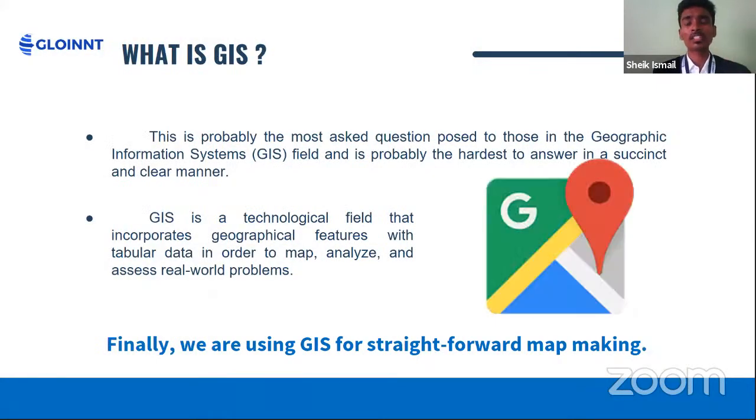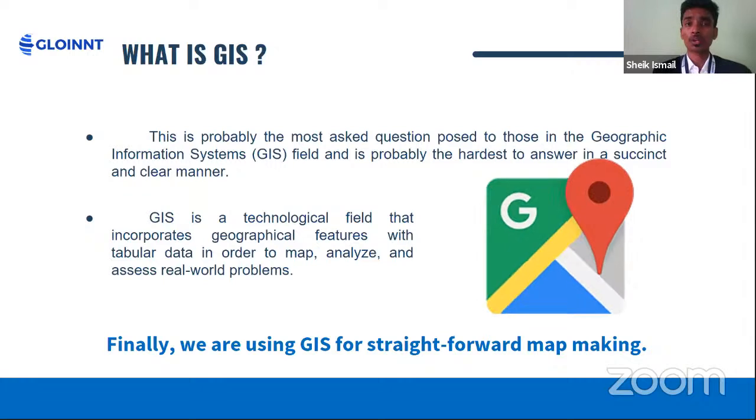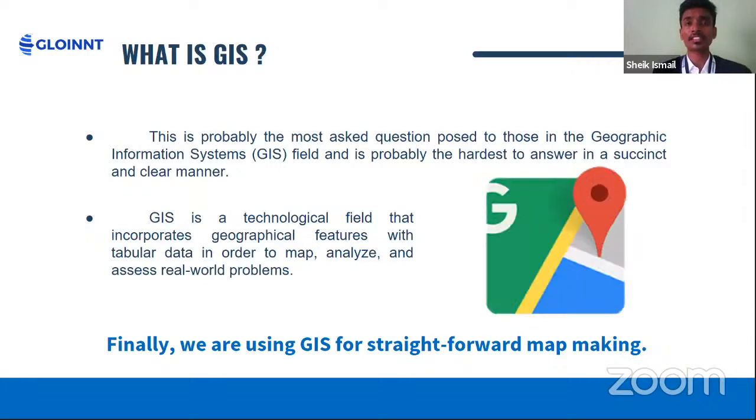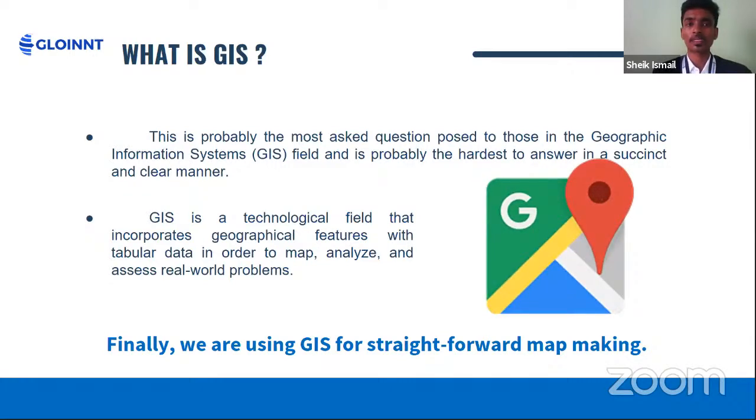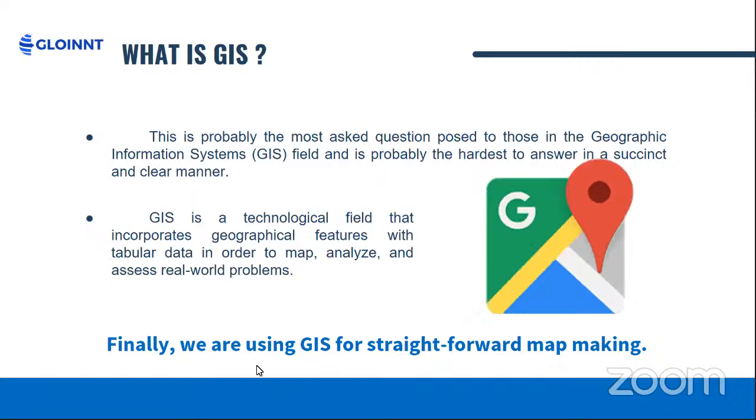This is probably the most asked question posed to those in the geographic information field, and probably the hardest to answer in a succinct and clear manner. GIS is a technological field that incorporates tabular data in order to map, analyze, and assess real-world problems. Finally, we are using GIS for straightforward map making.